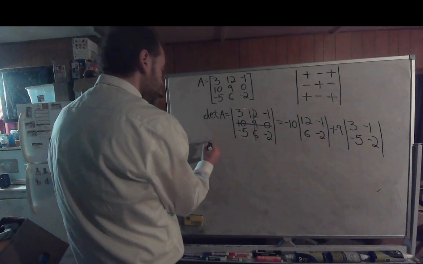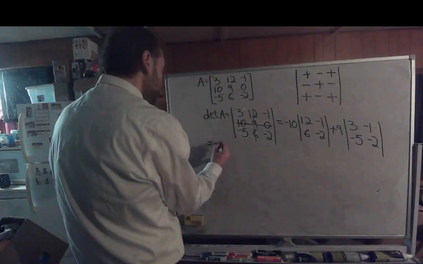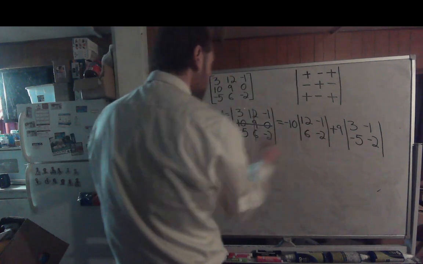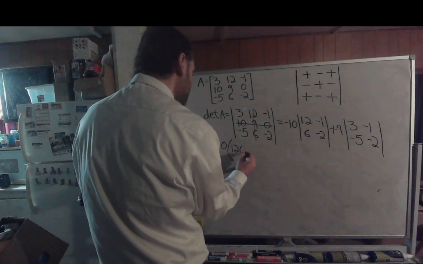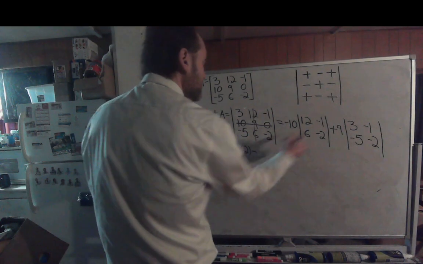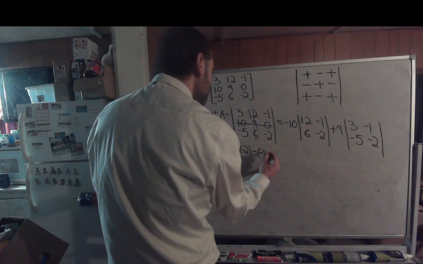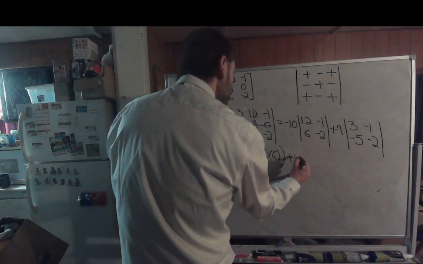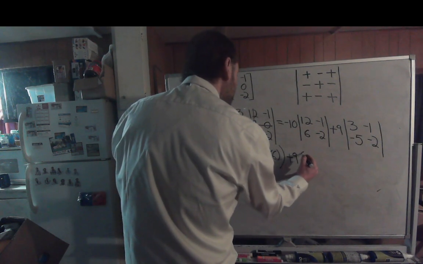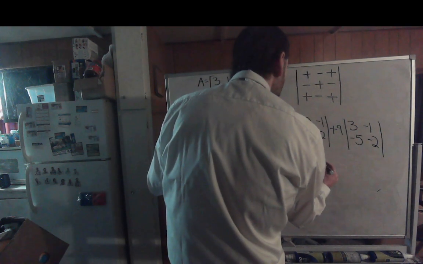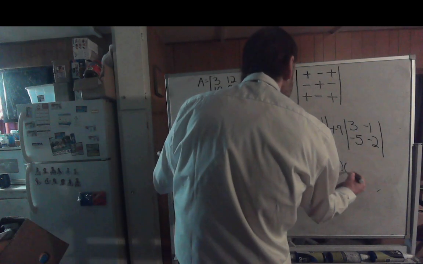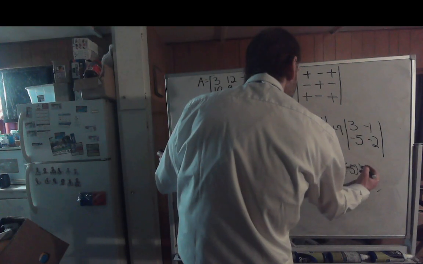So we'll take -10 times, now let's do our determinant. 12 times -2 minus -1 times 6 plus 9 times, let's see, 3 times -2 minus -1 times -5.